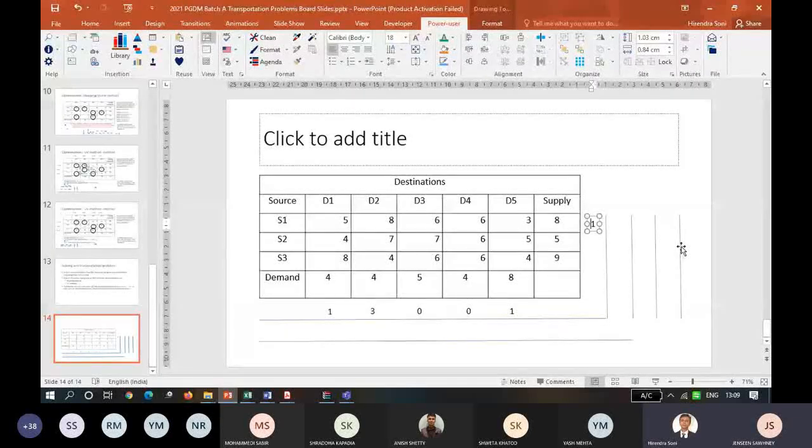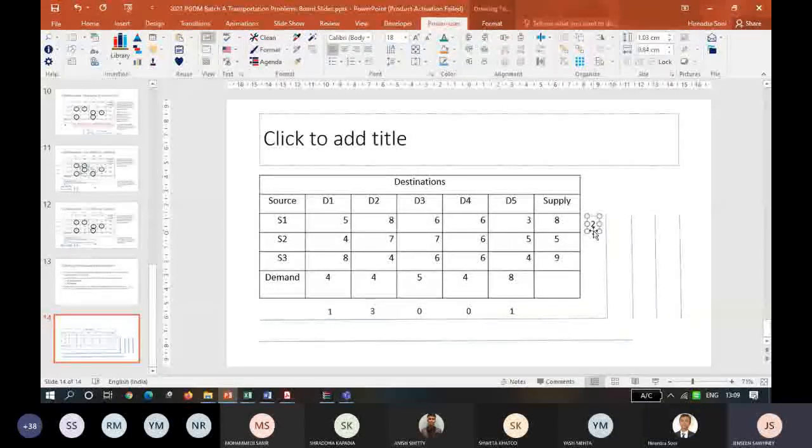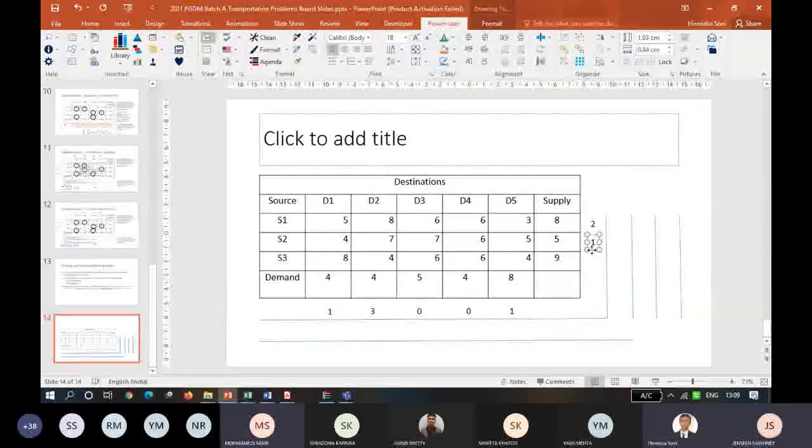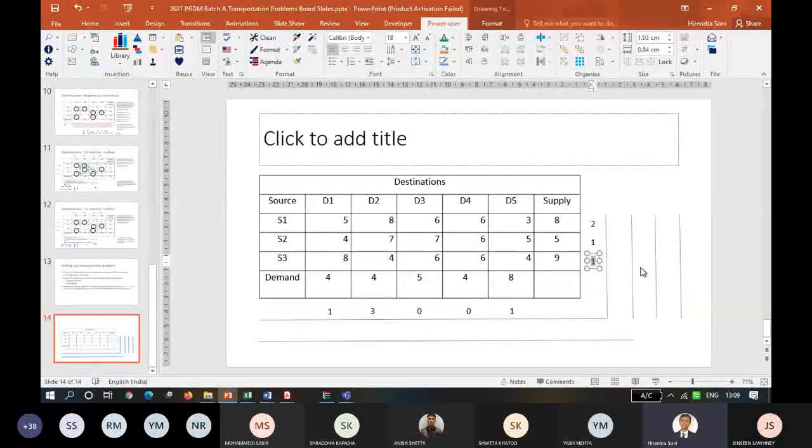So penalty is 2. What about here? 5 and 4, so it is 1. Then 4 and 4, so it would be 0.